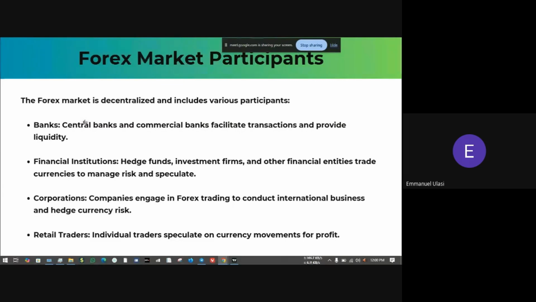For example, take Toyota. I think Toyota is a Japanese manufacturer. If they need raw materials from, let's say, the US, these companies will have to change their currencies to the other, and that is where the Forex market comes in. They bring that money into the Forex market to exchange it in order to get the dollar, which they actually need.